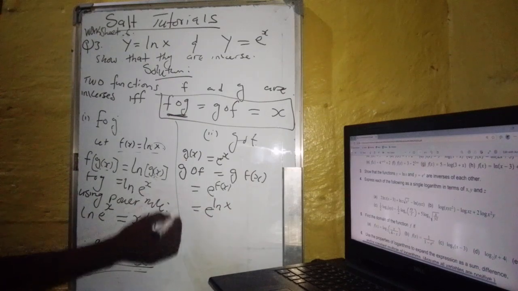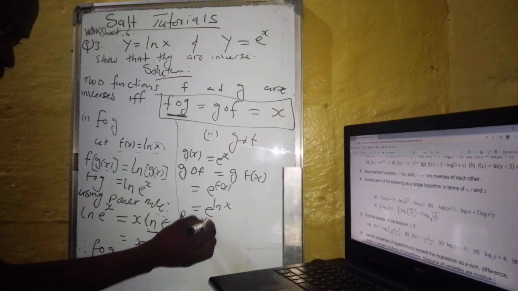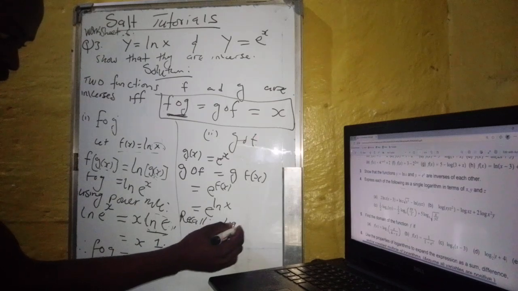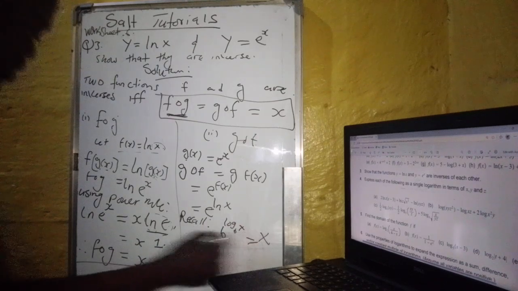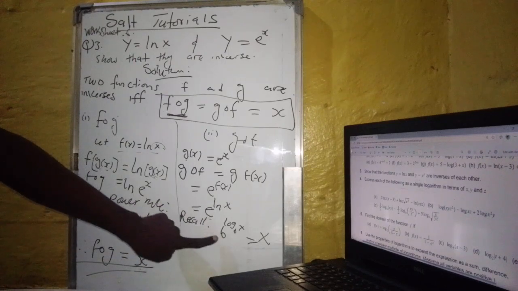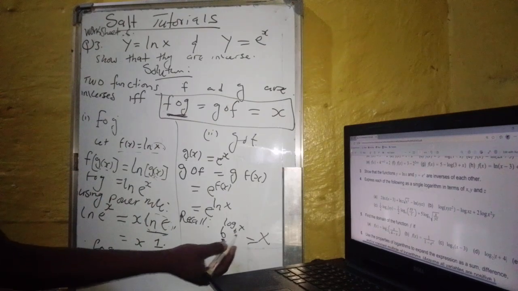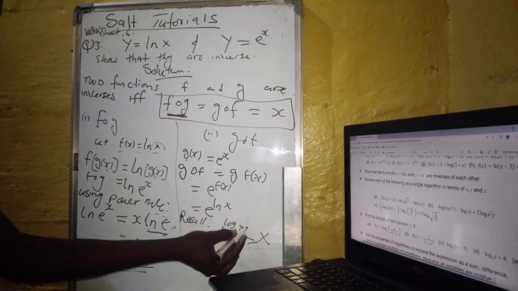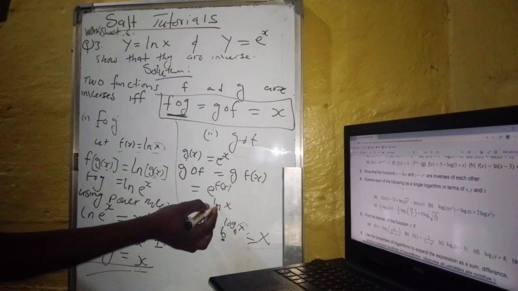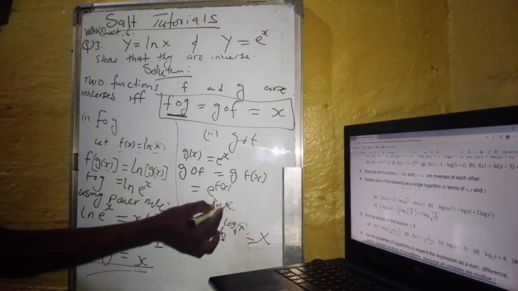Recall the property which we said, that if we have b to the power log base b of x, the answer is always equal to x. If the base of the exponential is equal to the base on the log, the answer is just equal to the input of the log. So e to the natural log of x, the base here is e and the base there is e, it means that the answer is just equal to x.